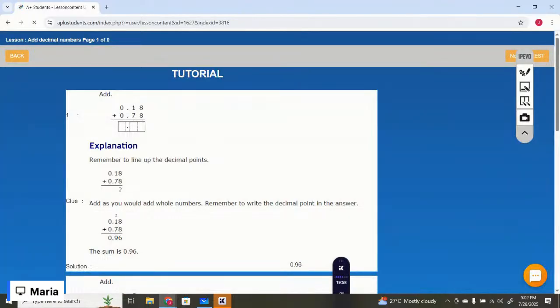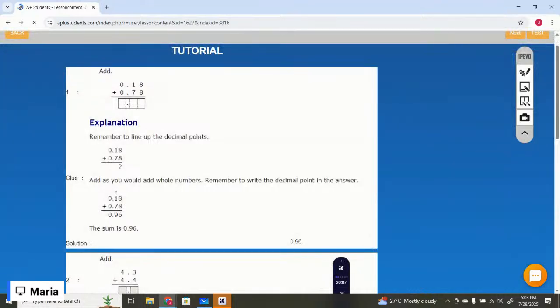Add 0.18 plus 0.78. So you need to add exactly the same like we add the other numbers, but you have to line up the number according to the decimals, right? Line up decimal numbers.